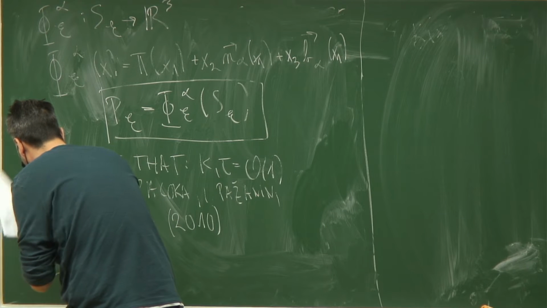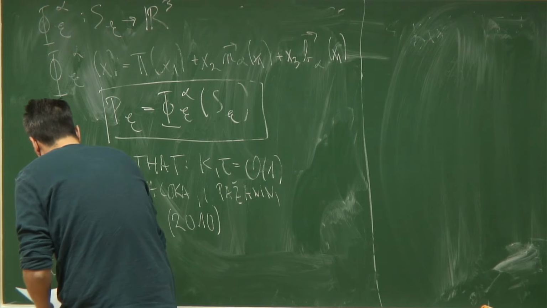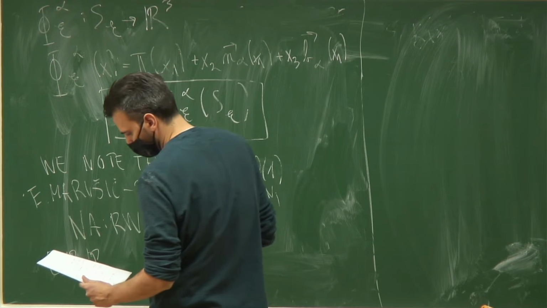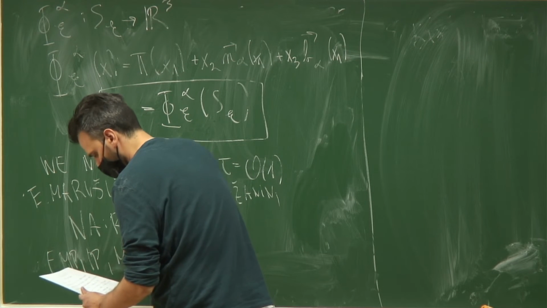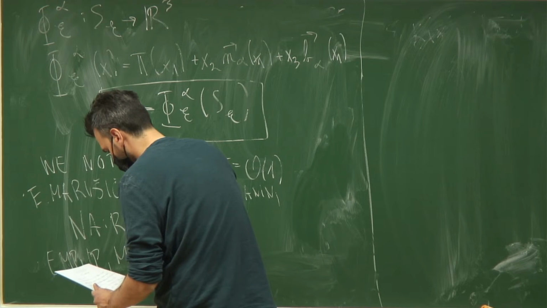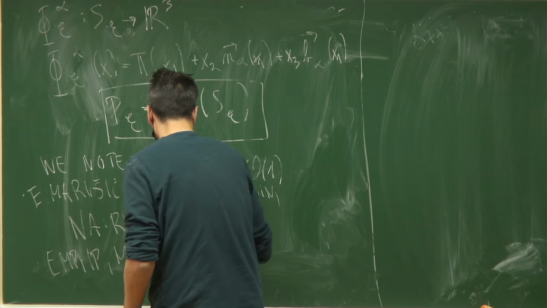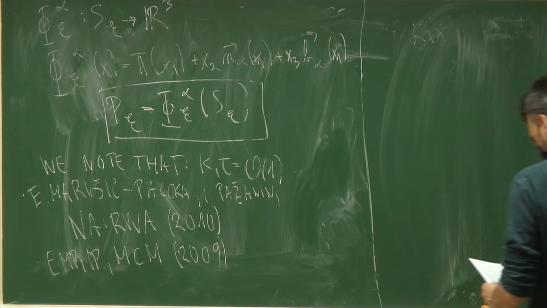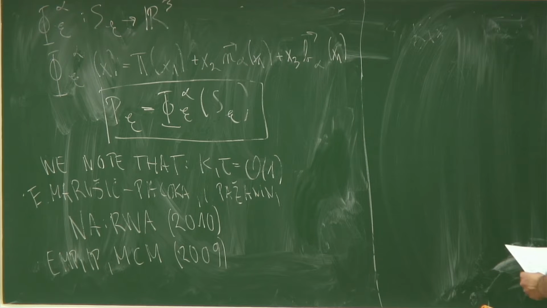The other one is by the same author: modeling of heat transfer in a laminar flow through a helical pipe, Mathematical and Computer Modelling, 2009. Okay, so these are the main references.